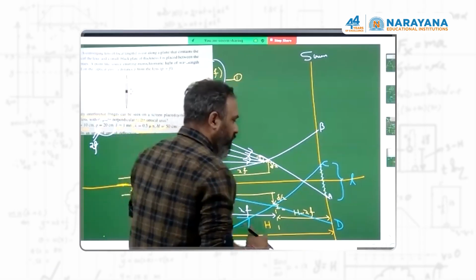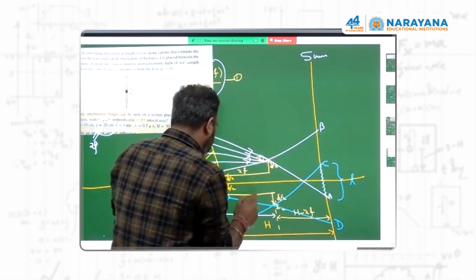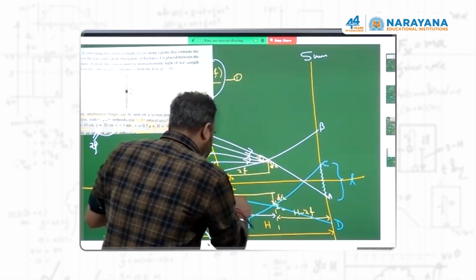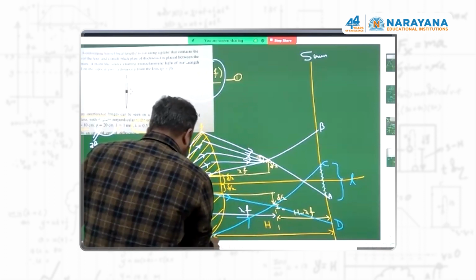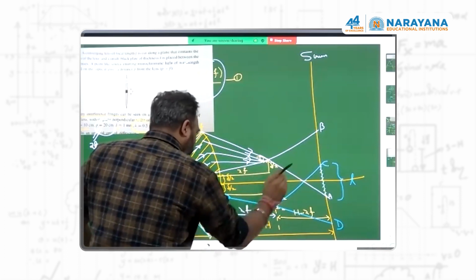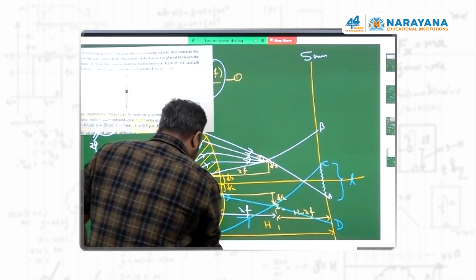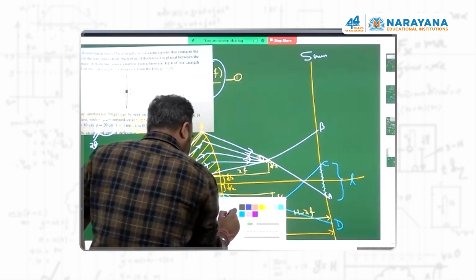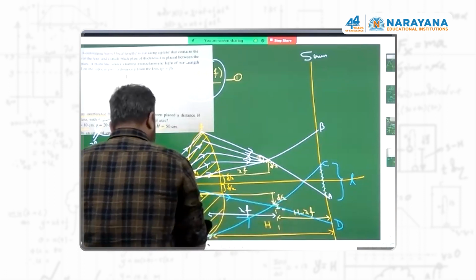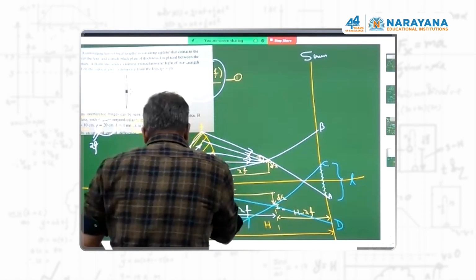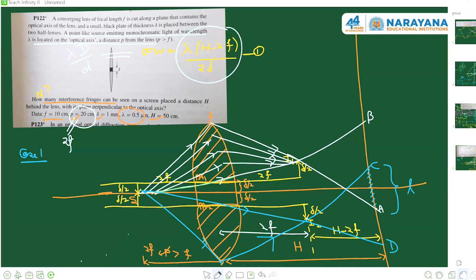Right? One thing is clear, that one ray which is directly moving, there is no hassle. What are the values? I will comment on that. Don't worry about it. But as a student, first thing we need to be very clear about is these two signals which are coming from the central part, like this, and this aspect which is coming here, D. We are very clear of this distance BD.